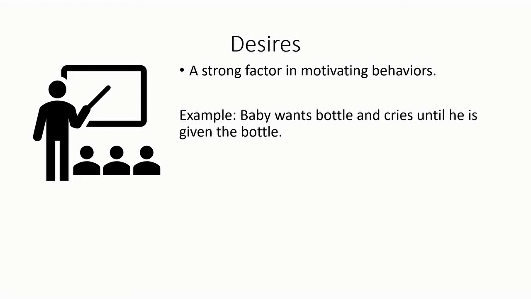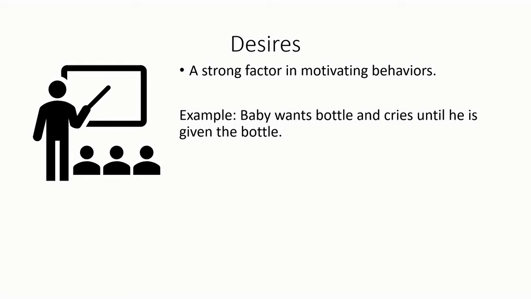A baby wants a bottle of milk and cries until he is given the bottle. The baby's only way to communicate is crying. The baby feels an uncomfortable feeling that he doesn't know what it is, but he's not feeling well in his stomach, growling, whatever. He's hungry.